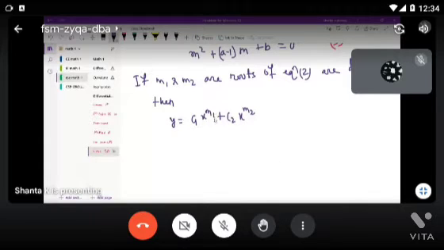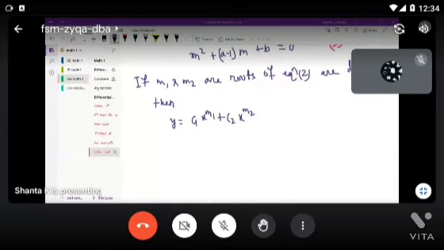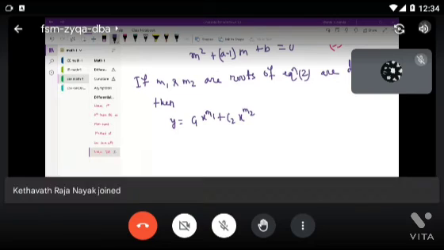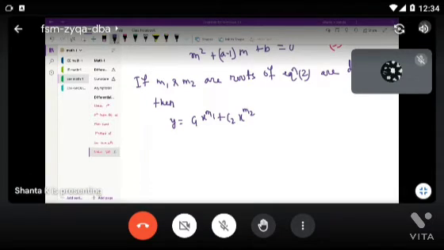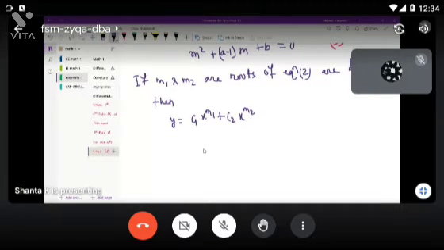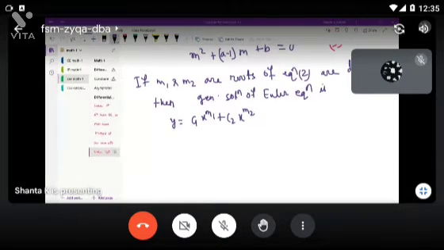So this is m1, this is m2. We will have this type of thing, because we are considering y equals x power m, so the solution is of the form x power m. This is the general solution of the Euler equation or Euler-Cauchy equation.